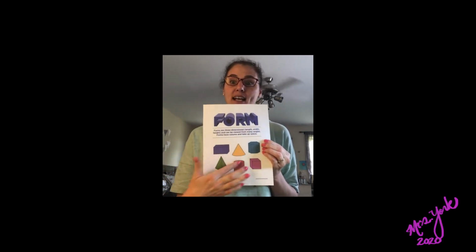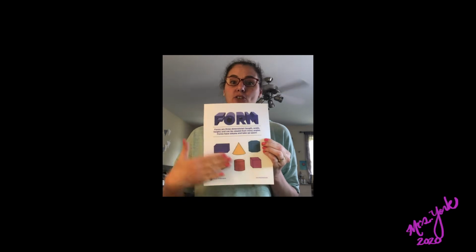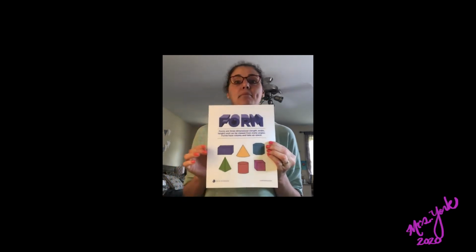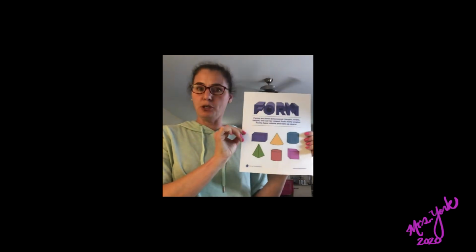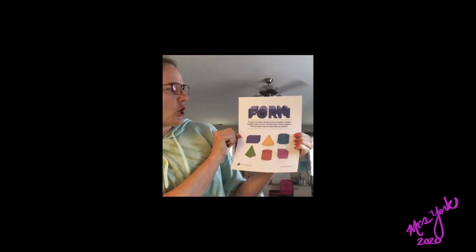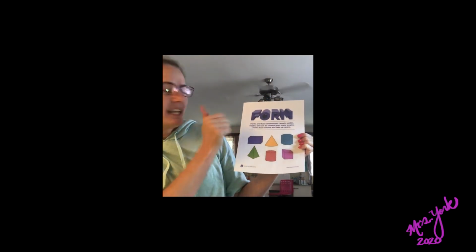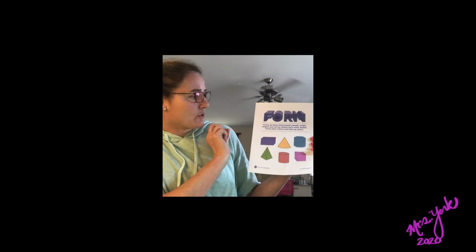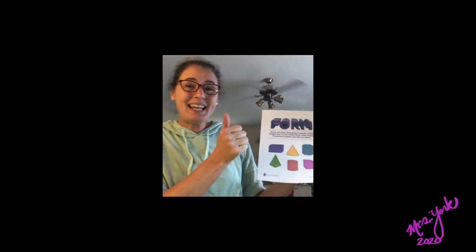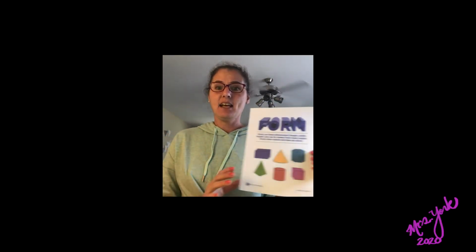They're shapes right now because they're flat, but we can make them look 3D and make them look like a form. So let me read this to you. Forms are three-dimensional: length, width, and height, and can be viewed from many angles. Forms have volume and take up space.